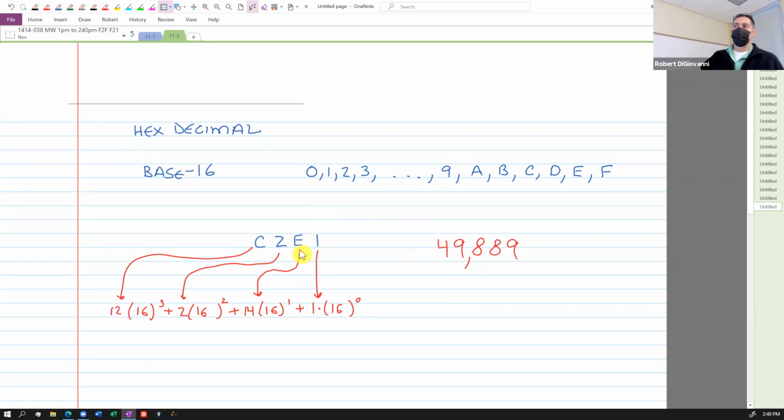This is hexadecimal. So there are advantages and disadvantages to the different base systems. If you've ever seen that movie, The Martian, where Matt Damon gets stuck on Mars, he's trying to communicate with people back on Earth, but he only has a certain number of positions he can set this dial to.